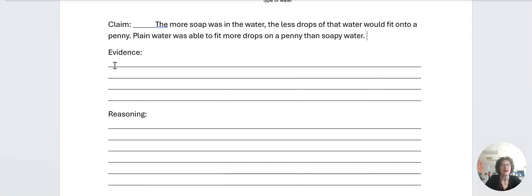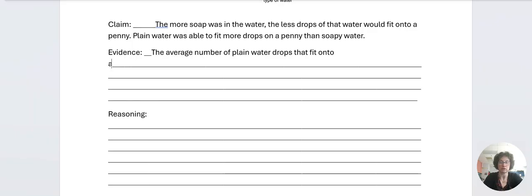Now, evidence. Most people did very well on this too. All you had to do with evidence was clearly explain what the numbers and the data in the graph are, and how that supports the claim that you made. So what some people did, which I thought was just fine, was say something like, the average number of plain water drops that fit onto a penny was 28 drops.